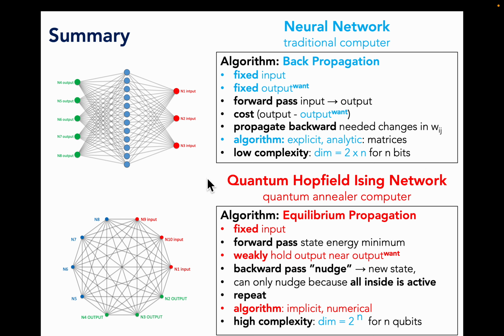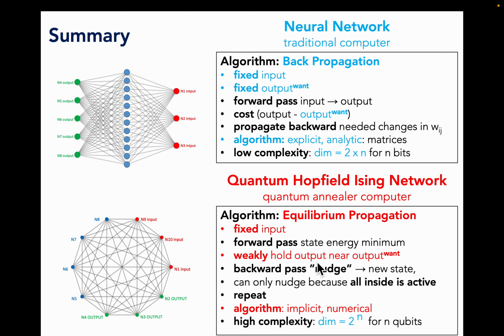This contrasts with the quantum Hopfield Ising network run on a quantum annealing computer. Here, the training algorithm is equilibrium propagation. We have a fixed input. We do a forward pass to determine the energy minimum before any training.